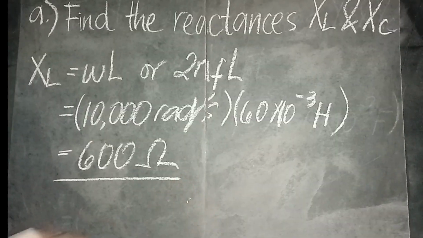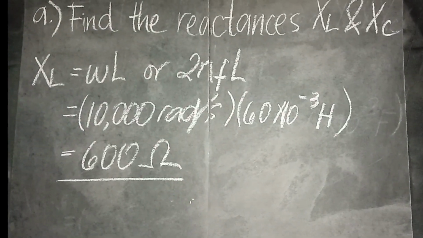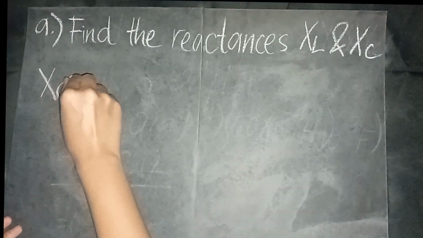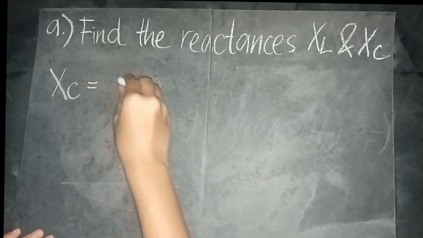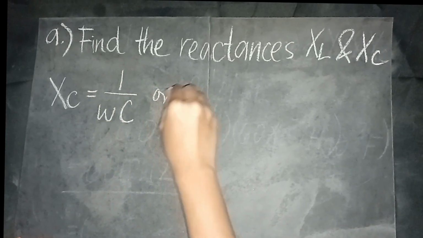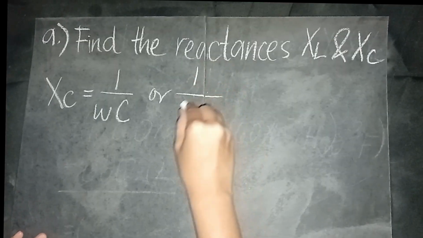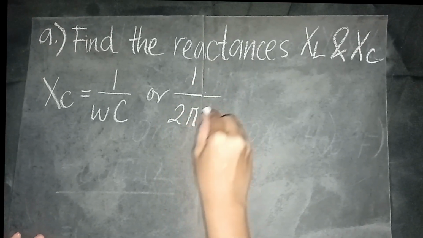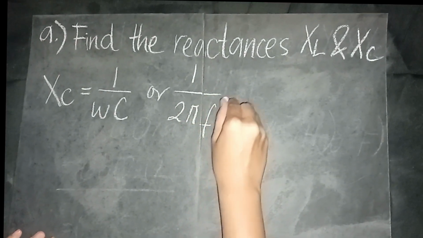So this is our inductive reactance. Next, let's find the capacitive reactance, in which XC is equal to 1 over WC, or 1 over 2 pi FC.